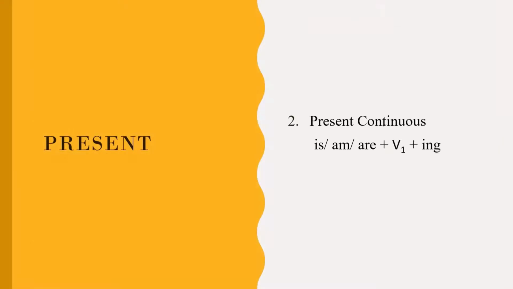Second, present continuous. Formation: is or am or are plus first form of verb plus ing. Is is used for singular noun or singular subject. Am is used only for I and are is used for plural subjects.